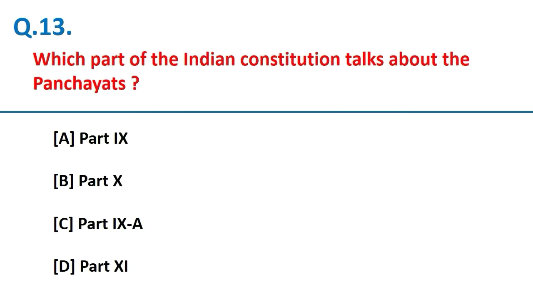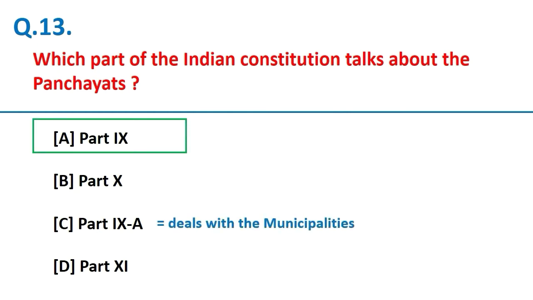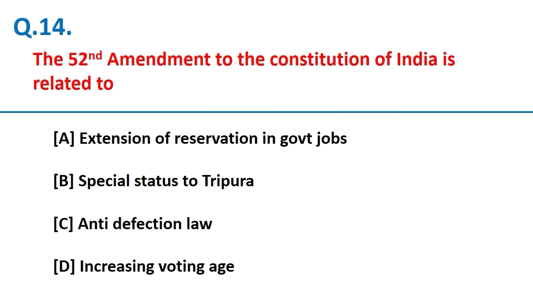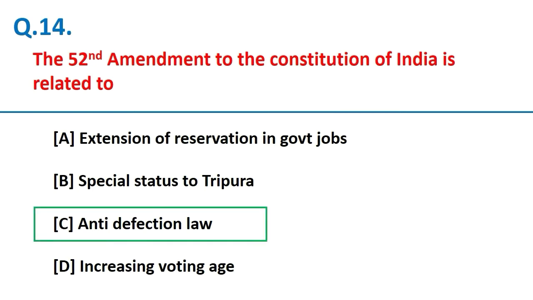Which part of the Indian Constitution talks about the panchayats? Part 9. And friends, Part 9A deals with the municipalities. The 52nd Amendment to the Constitution of India is related to anti-defection law.